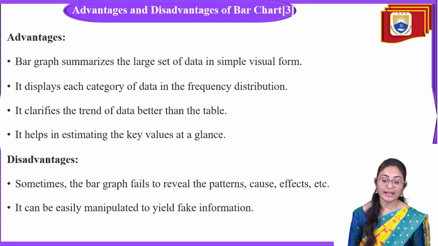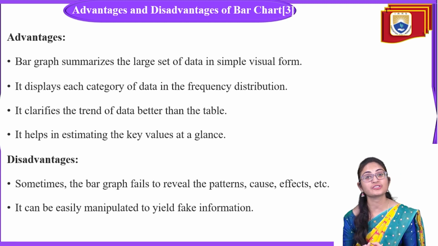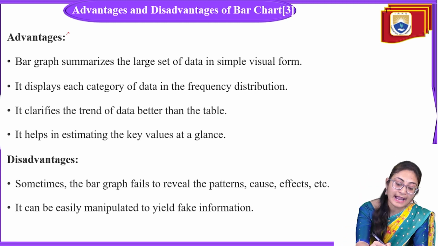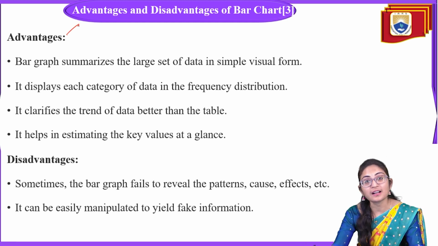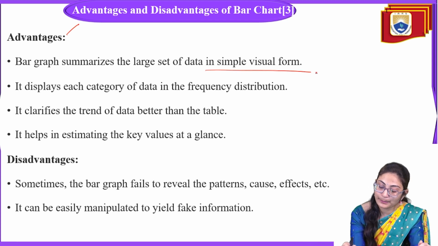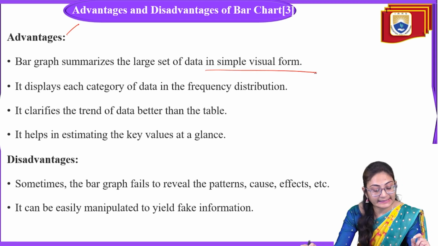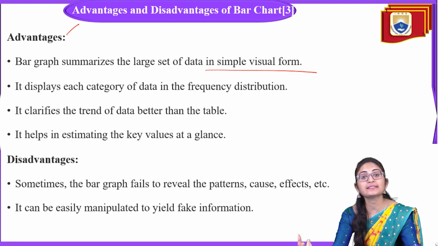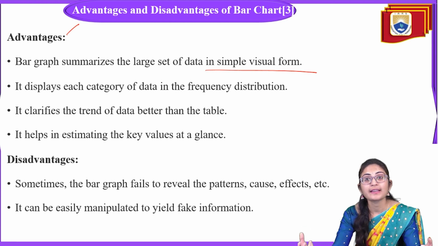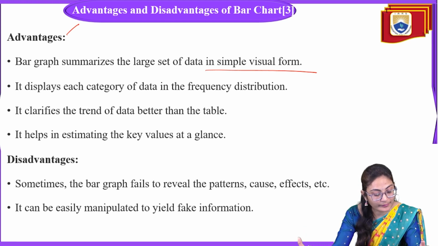Now there are some advantages and disadvantages of the bar chart. First, advantages. The bar graph summarizes a large set of data in a simple visual form. Second, it displays each category of data in the frequency distribution.